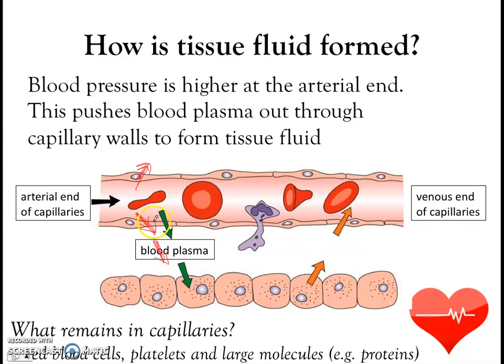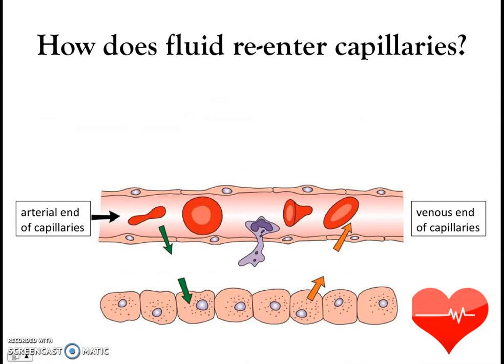Only the blood plasma will leave the capillary to form tissue fluid. Not all the blood plasma comes out; some does remain in the capillaries to continue to form part of the blood there. So how is tissue fluid formed? At the arterial end of the capillaries, there's a much higher pressure compared to the venous end, so that forces some blood plasma out of the capillary to form tissue fluid.